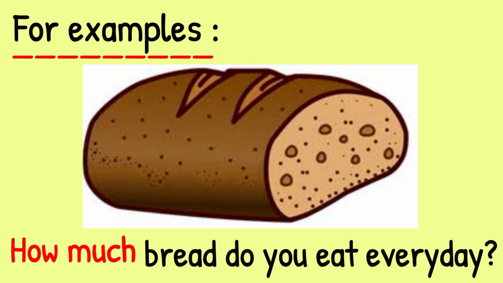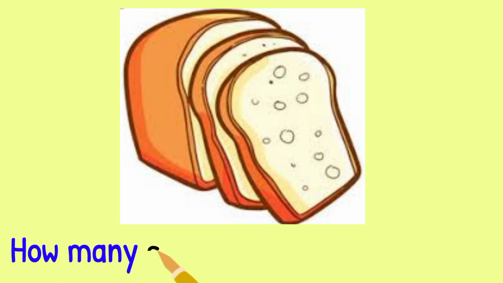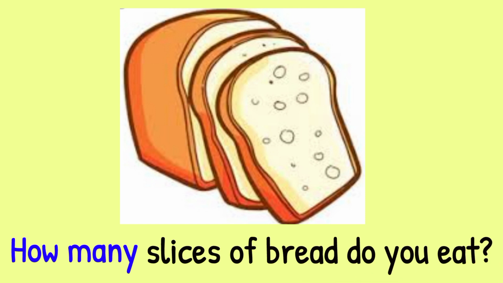Look at the picture. There is a whole loaf of bread. It is uncountable, so we use how much. For slices of bread, we can use how many because we can count the slices. So the question would be, how many slices of bread do you eat?